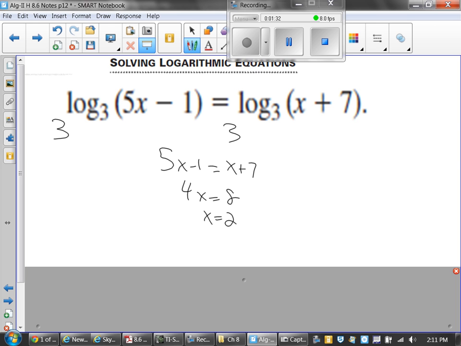Everybody okay with that? Again, if you're not sure of your answer, what would you do to check it? Plug it in. You say, hey, Mr. Murphy, is this answer right? And then I would say, are you doing electrical work? Is this answer left? Remember, it's substitute.